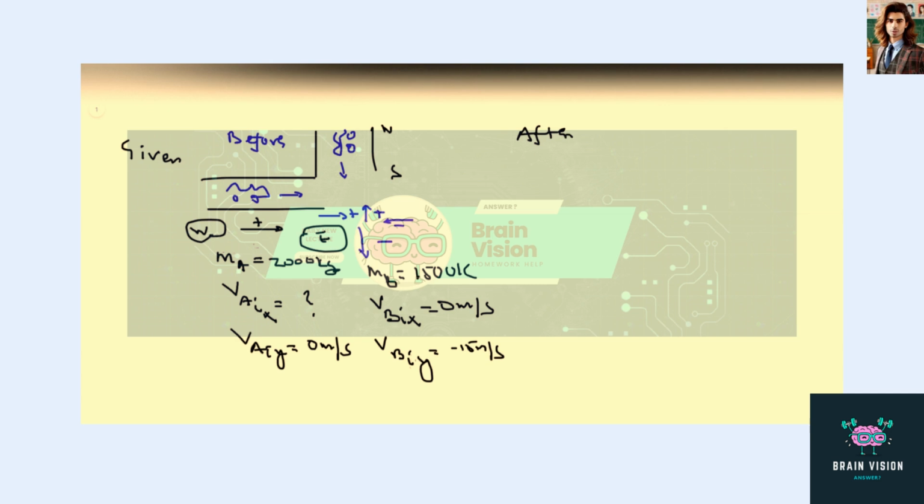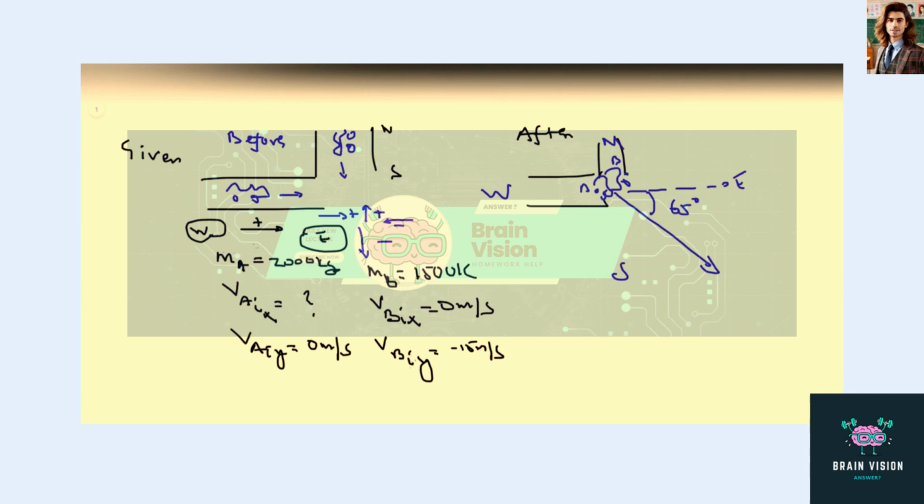Afterwards, the two cars, A and B, will collide at the intersection, and then they're going to move in a certain direction. So this is 65 degrees. This is east, this is west, this is north, this is south.